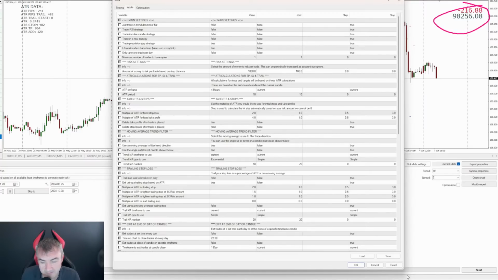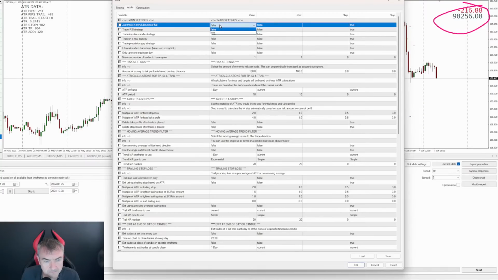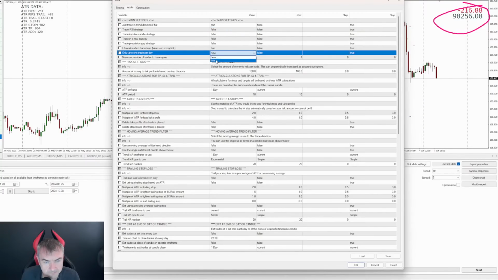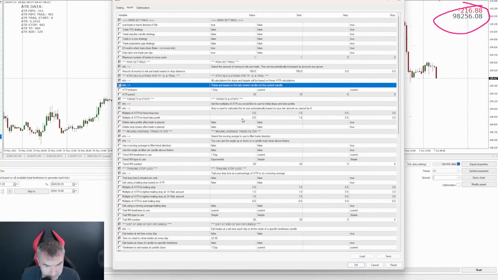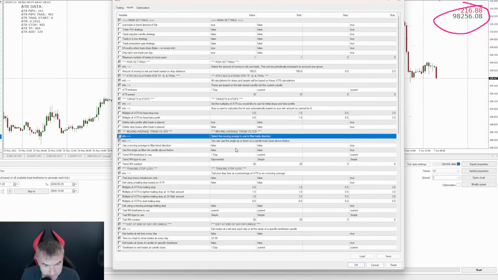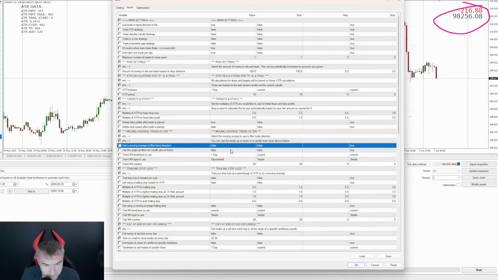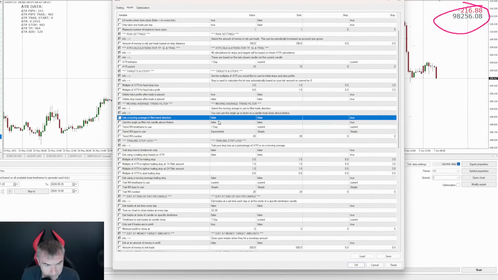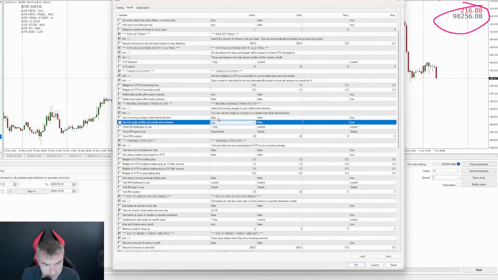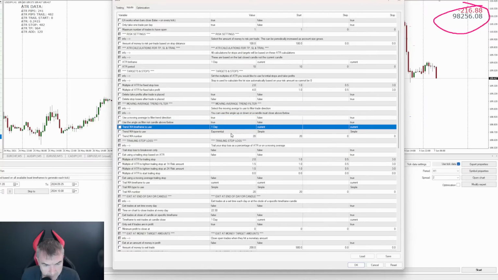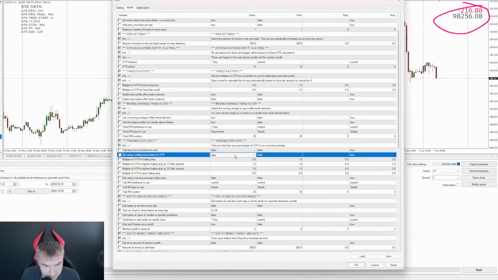Let me just reset this a minute. One trade a day, and I want to use a moving average filter, and ATR stop.